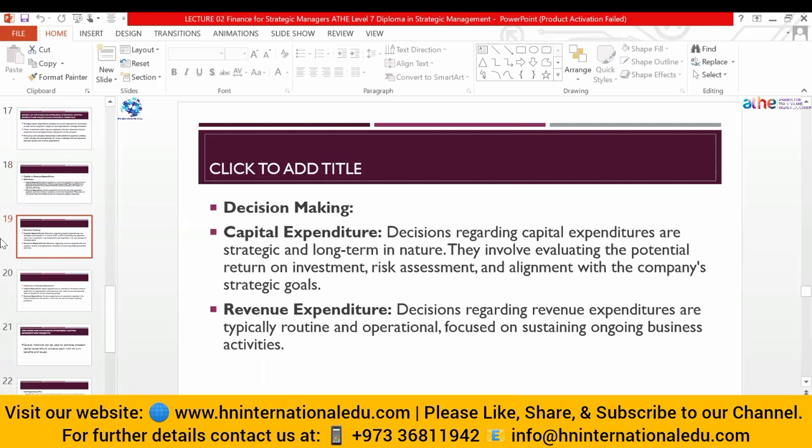When it comes to decision making in terms of both capital and revenue, decisions regarding capital expenditures are strategic, that is organization-oriented, and long term in nature. You're not going to be existing it for less than a year or a year, it is going to be more than a year. They involve evaluating the potential return on investment, risk assessment, and alignment with the company's strategic goals.